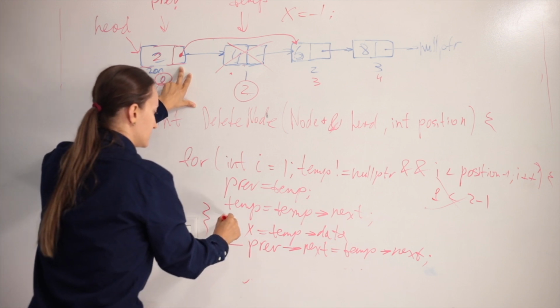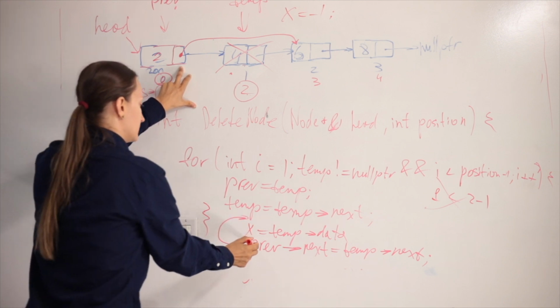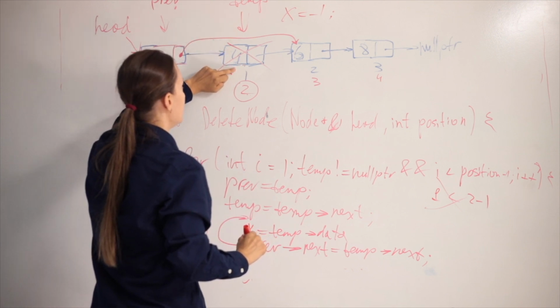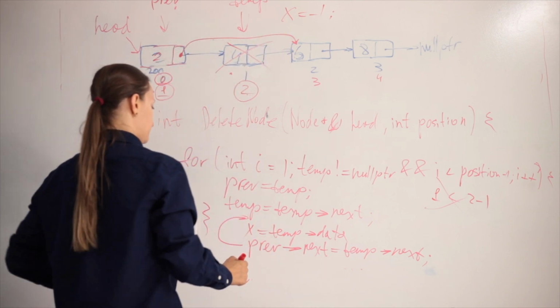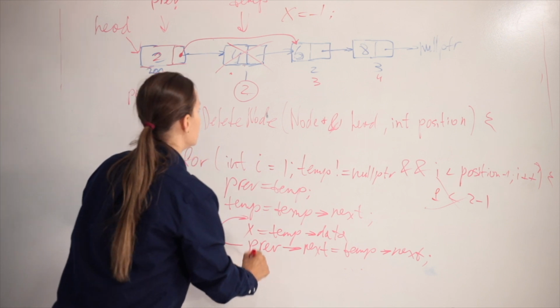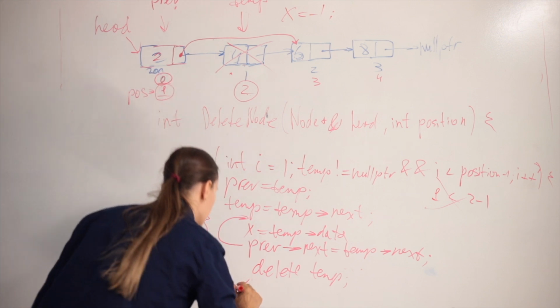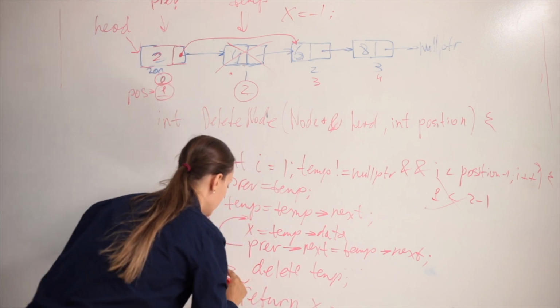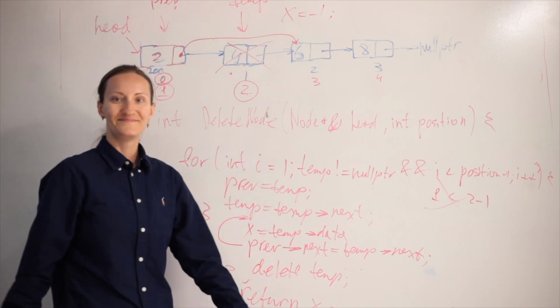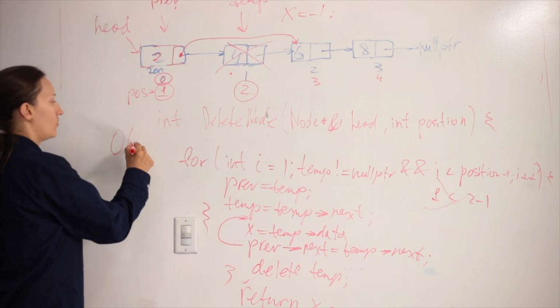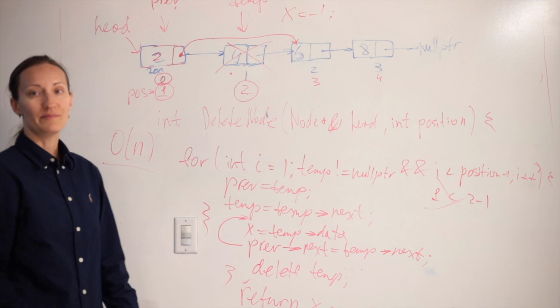Maybe it's better to switch these lines: at first relink, and after that save the temp data into our variable. And after that we have to delete our temp and return x. Return our deleted value. And this function will require O of n time complexity.